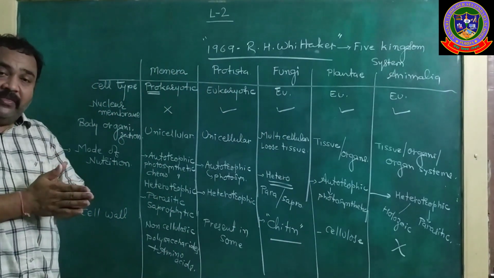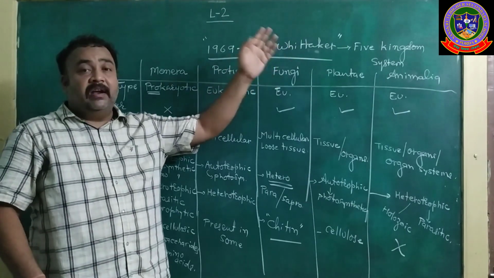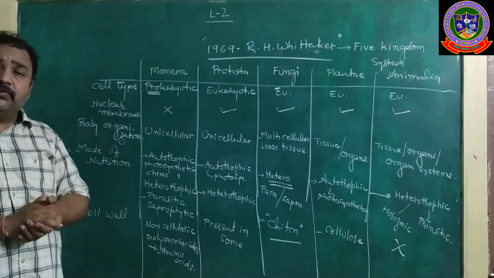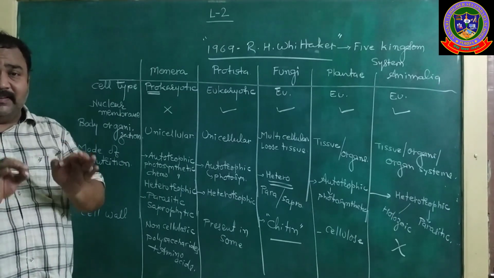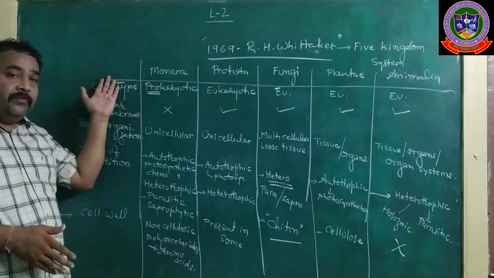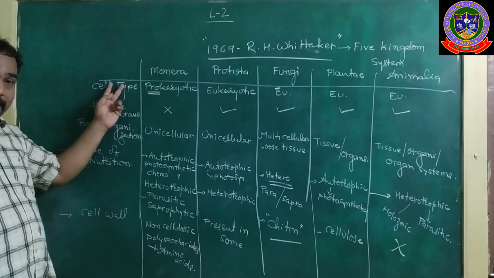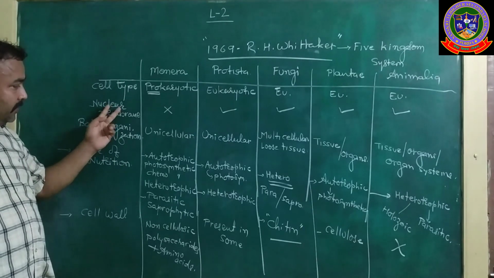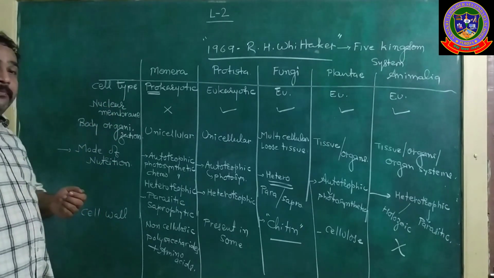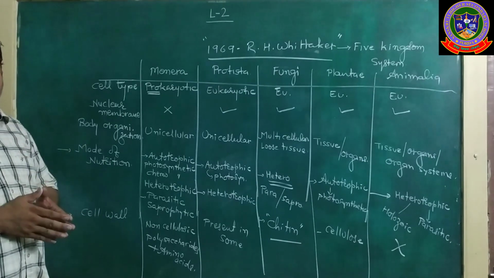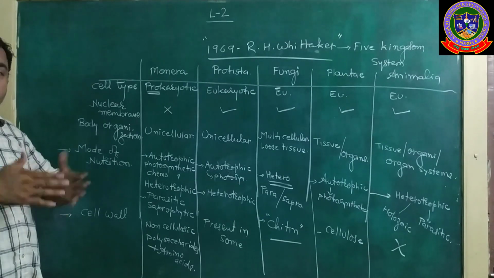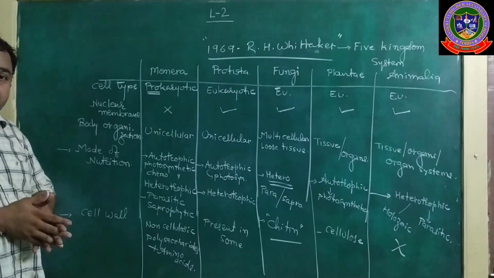So we can say that the five kingdom system of classification, which was proposed by R.H. Whittaker in 1969, depended upon different characters like cell type, nuclear membrane, body organization, mode of nutrition, presence or nature of cell wall, and the mode of reproduction, friends.